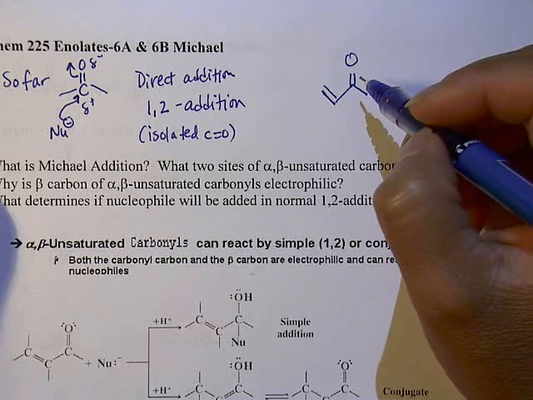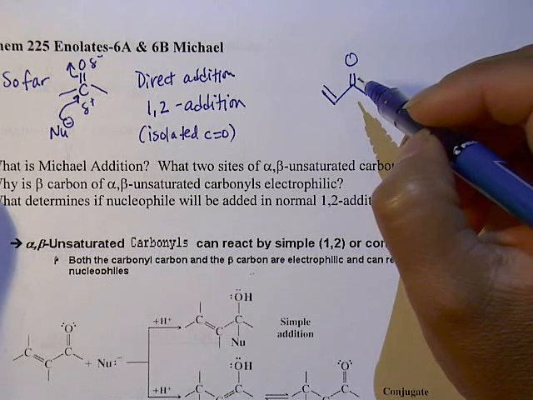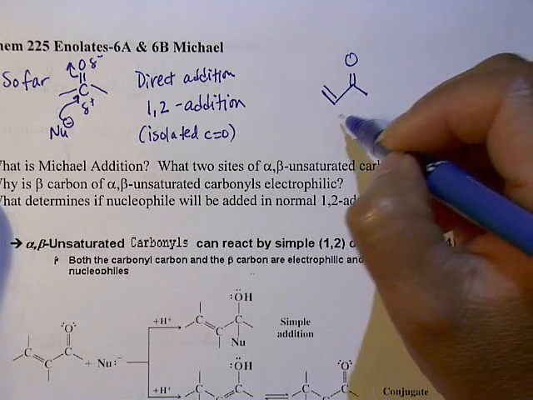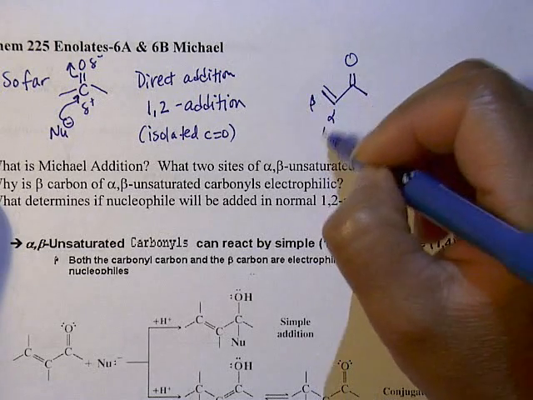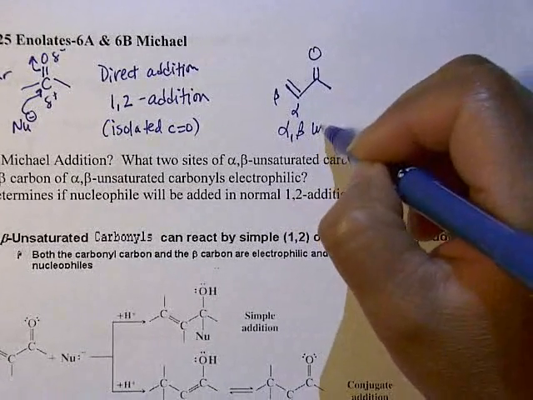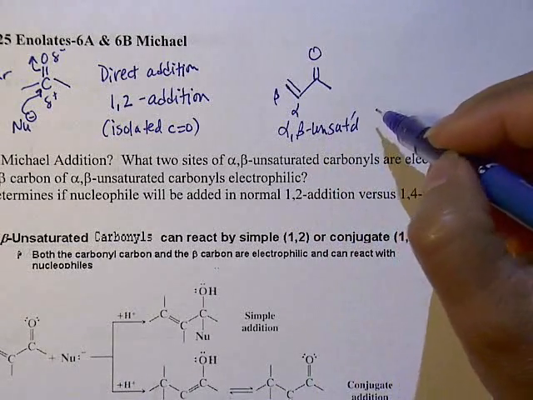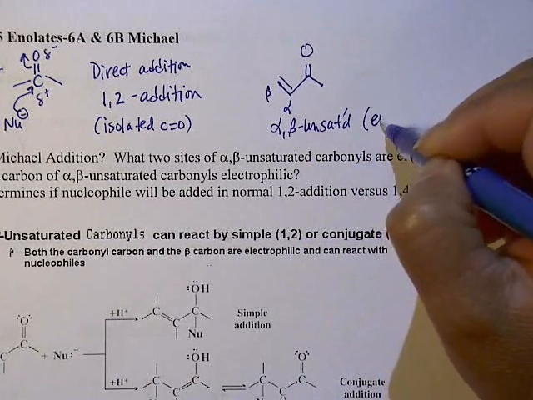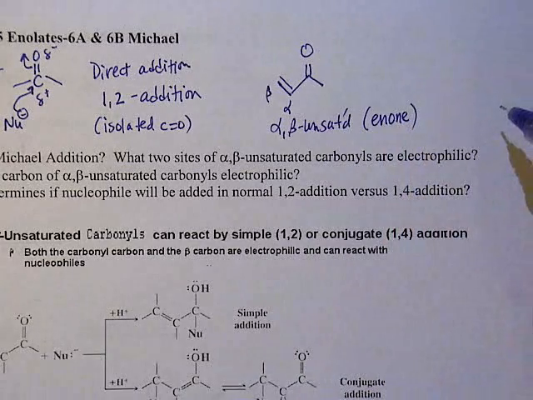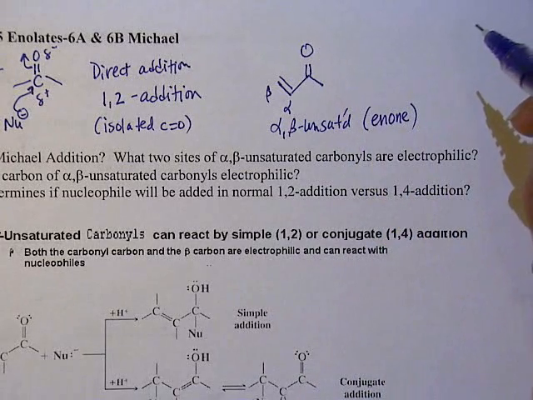So here, it actually has two choices. This is an alpha-beta unsaturated carbonyl, and another name that is often used is enone, if it's a ketone.